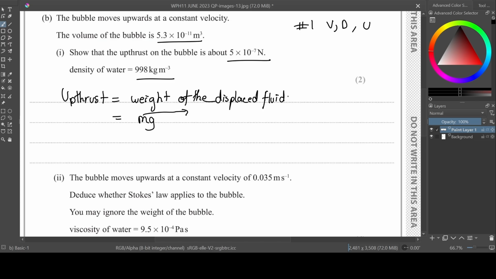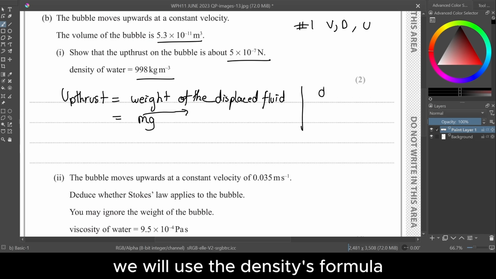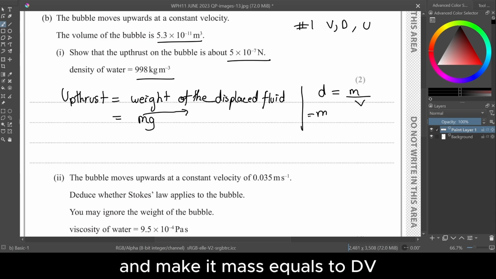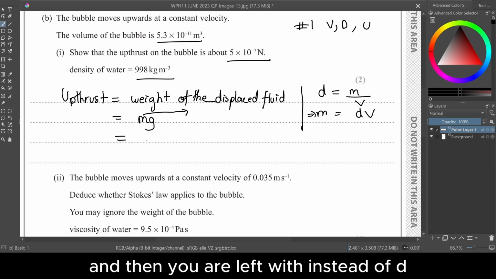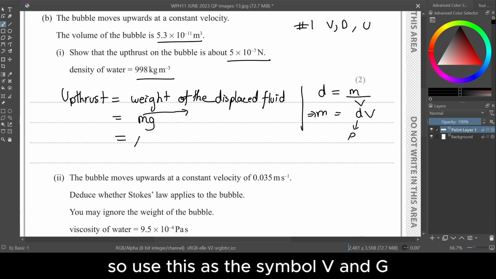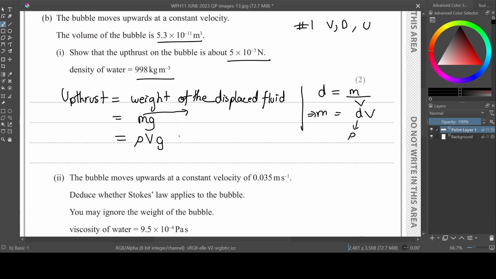Now we will use the density formula, which is density equals mass by volume, and make it mass equals density times volume, and use the density symbol rho, so rho V g.